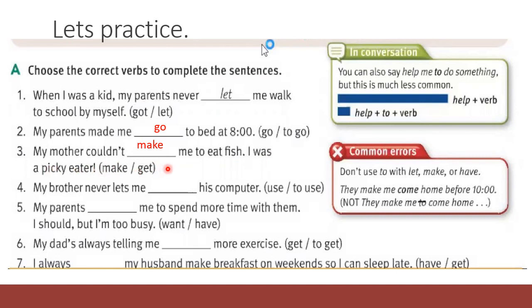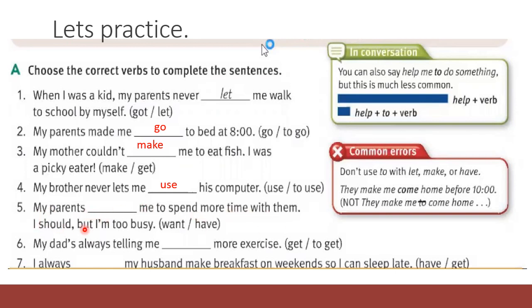Number 4, my brother never let me blank. You have to choose between use and to use. Remember, let belongs to the first group with no preposition to. So the answer is use. My brother never lets me use his computer. Number 5, my parents blank me to spend more time with them. I should, but I'm too busy.